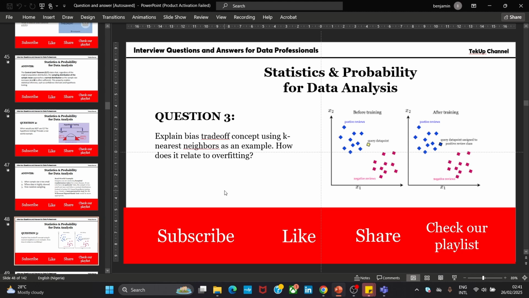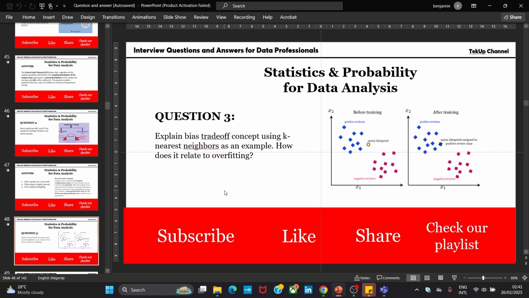So what you need to understand is that when K is small, this leads to overfitting because the model learns every detail in the training data and also captures noise in this process.